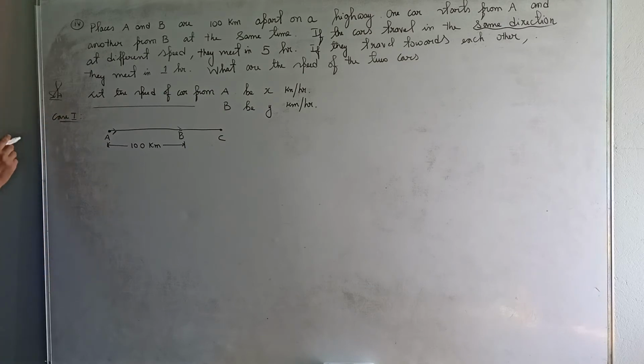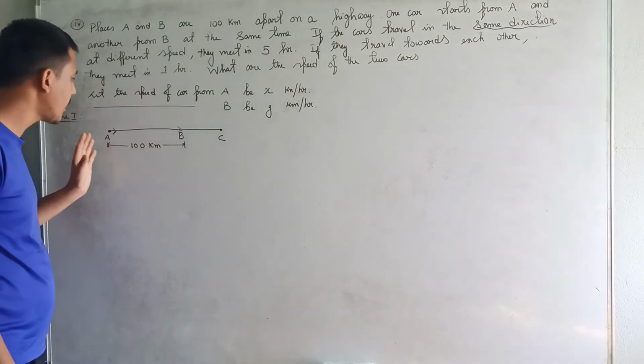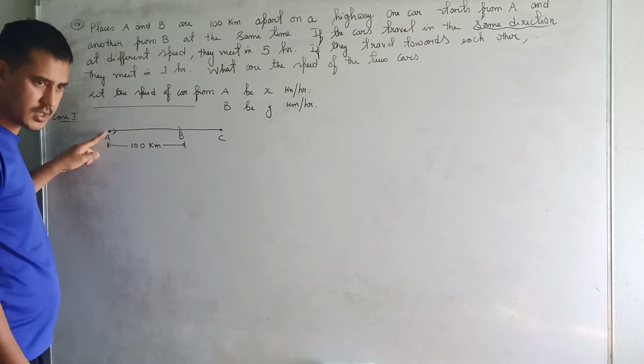See, where did the first car start? The car from A was here initially, right?